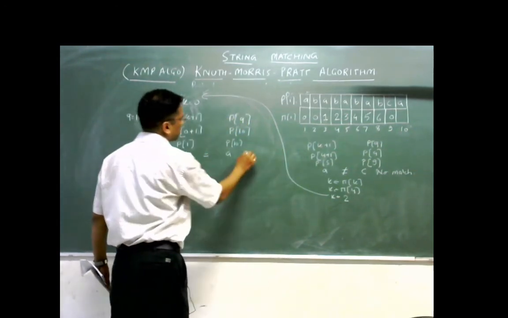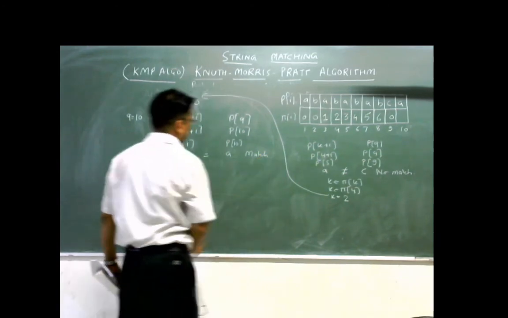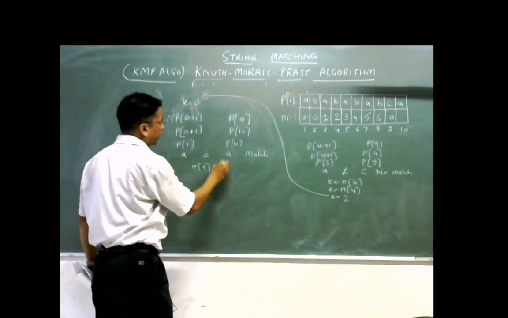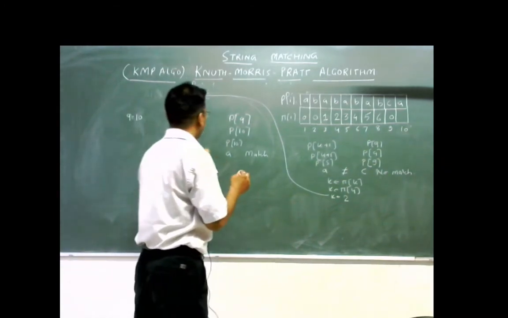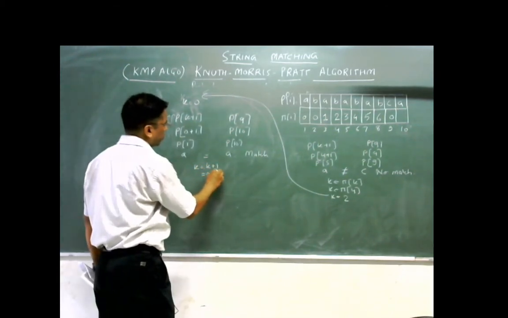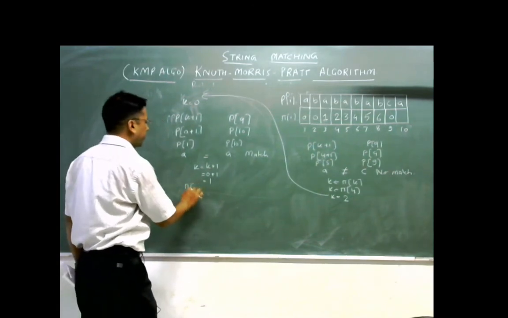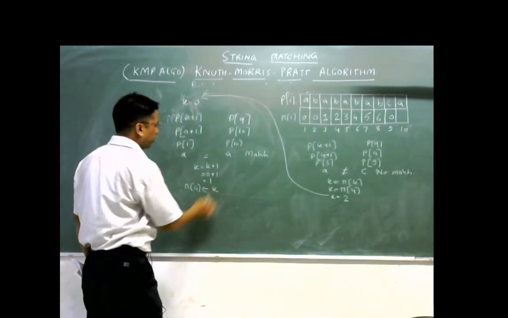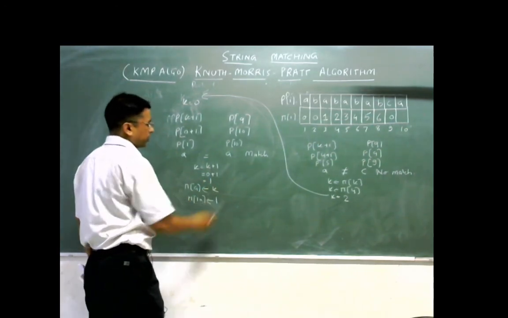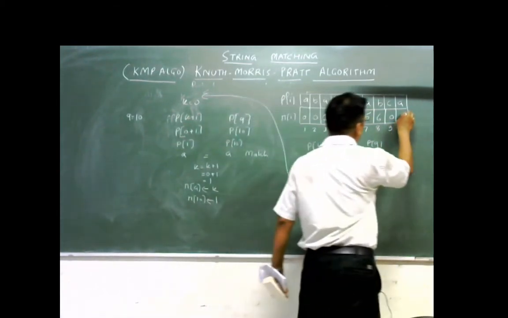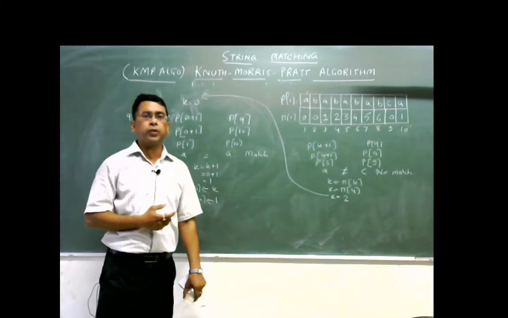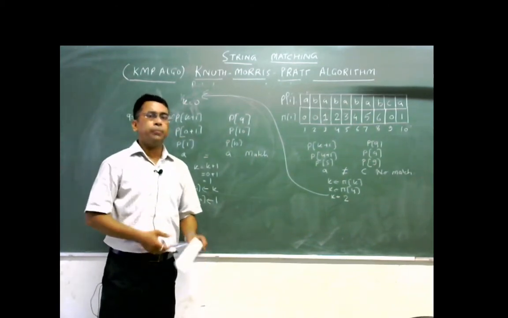So there is a match. When there is a match, we increase the value of k by k plus 1, meaning 0 plus 1 is equal to 1, and assign the value of k to pi q. So pi 10 would become equal to 1. So we have computed the prefix values for all positions of the given pattern string.